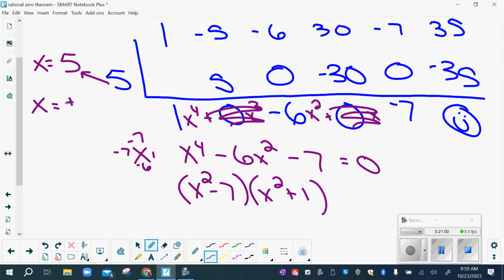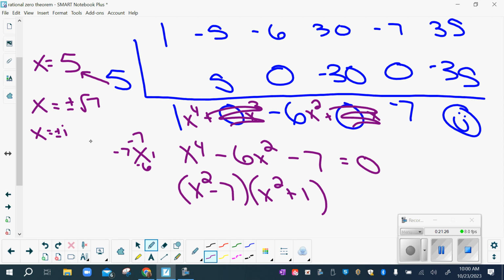Liam, you want to go ahead and read me what the answers you got were? Plus minus root 7. Awesome. Now I want you to be really careful on this next one because you're going to say something and I'm going to want you to clean it up. So what do you think you get on the next one? You're almost going to be perfect. Plus minus root 1, right? What is the square root of 1? Plus minus i.